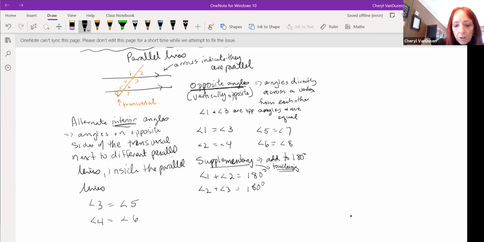Okay, another type, corresponding angles.